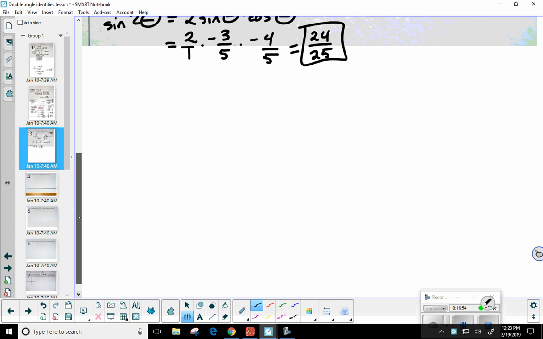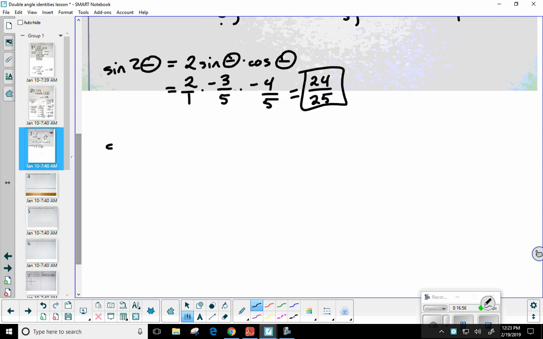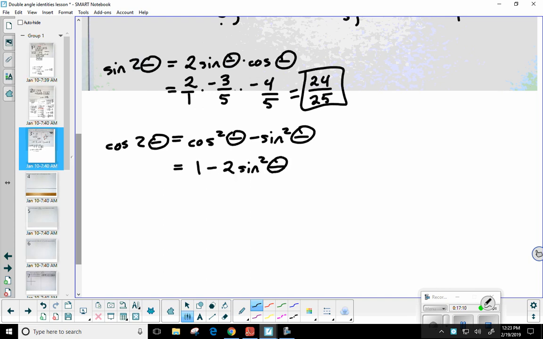Okay. Well, now we want cosine of 2 theta. And remember, this one had 3 versions. We had cosine squared of theta minus sine squared of theta. We had 1 minus 2 sine squared of theta. Or we had 2 cosine squared of theta minus 1.